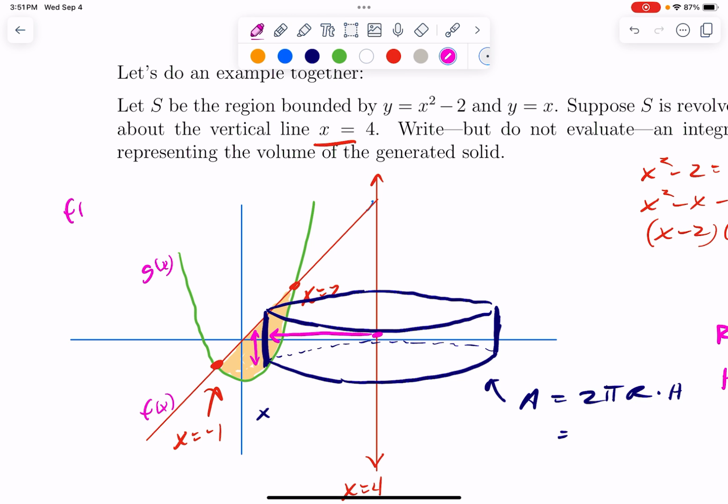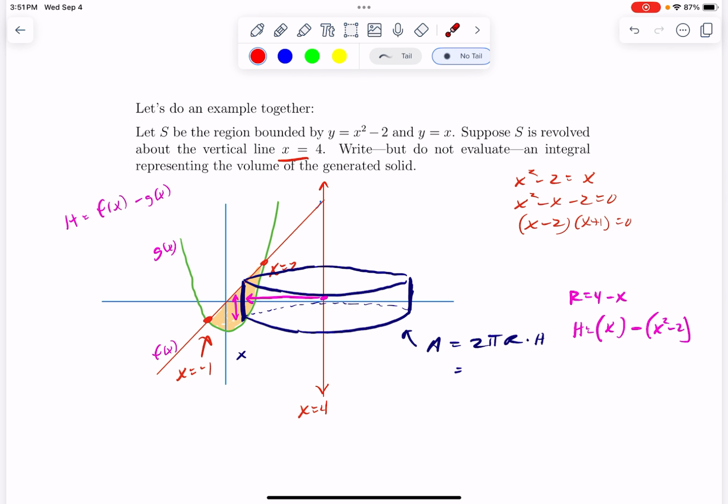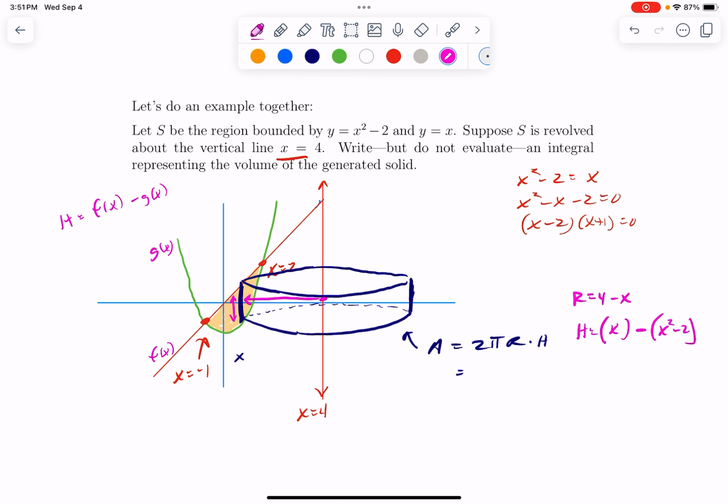That height is just f of x minus g of x. It's measuring the vertical distance between those two graphs. So our area here would be 2 times pi times the radius, which is 4 minus x, times the height, which would look like this after I distribute.